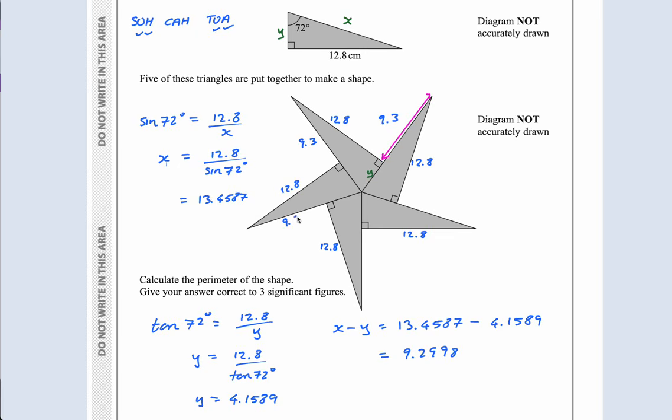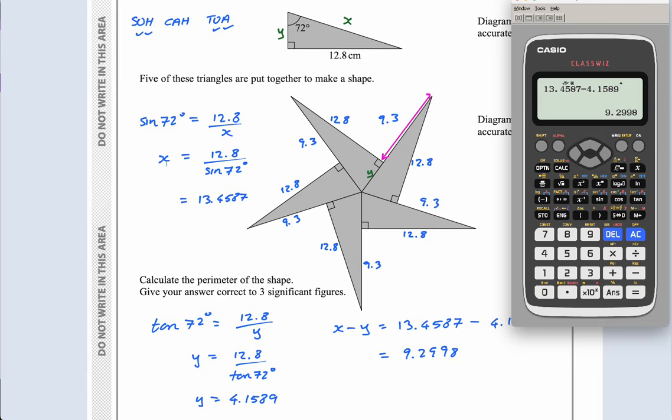This is 9.3, this is 9.3, and this is 9.3. So I need to add all of those together. Now note there are, I think, 5 of each, is it? So there's 1, 2, 3, 4, 5 of those, and 1, 2, 3, 4, 5 of those. So easy.